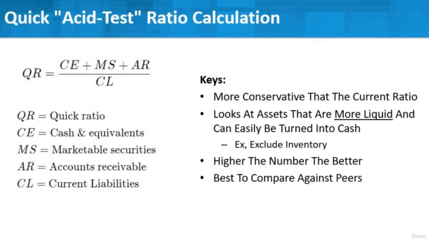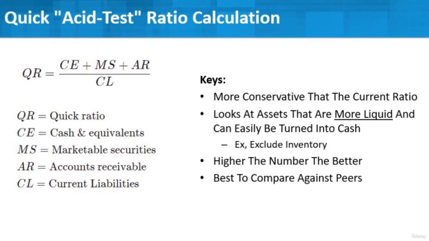But let's say the automobile manufacturing industry is hit hard and they're not selling cars, so they're not going to be buying your tires. You're not going to be able to turn that inventory, especially raw goods like rubber, into cash as quickly as cash, a marketable security or accounts receivable. So it's a tougher, more conservative number.